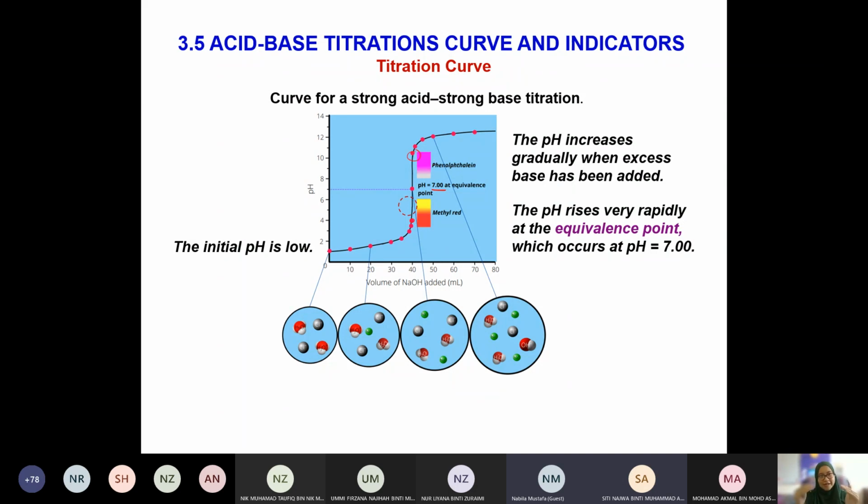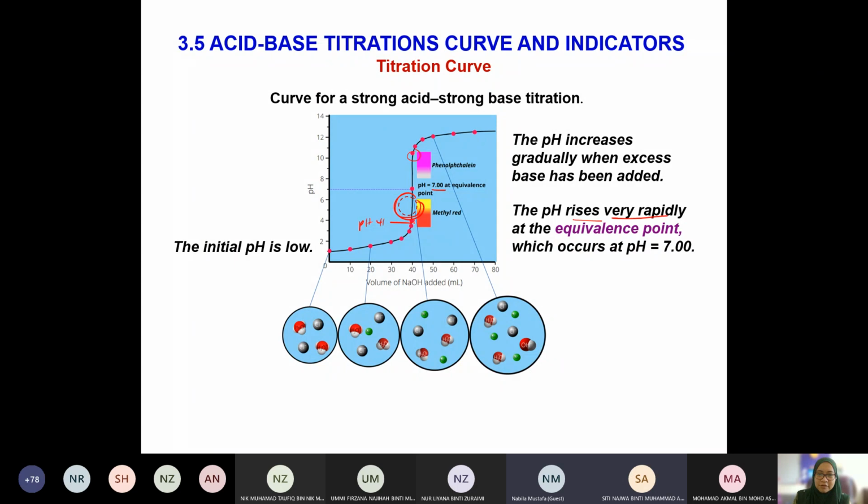It is difficult to get exactly the same, because you don't know how many moles one drop is equivalent to. So that's why this part is very critical. You have pH equal to 4 for example, then suddenly it jumps to pH equal to 10. So the pH rises very rapidly at the equivalent point.